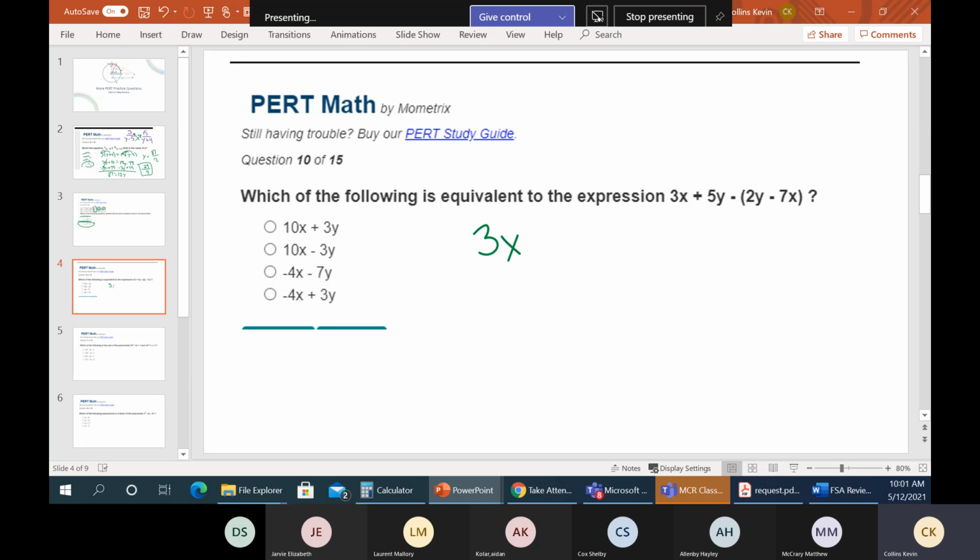So we have 3x plus 5y and then minus 2y, and then minus and minus is going to be plus 7x. Okay, so go ahead and combine your terms and see what we come up with.